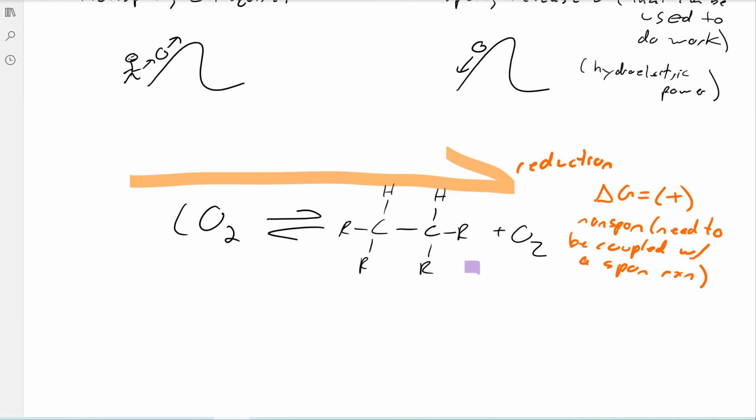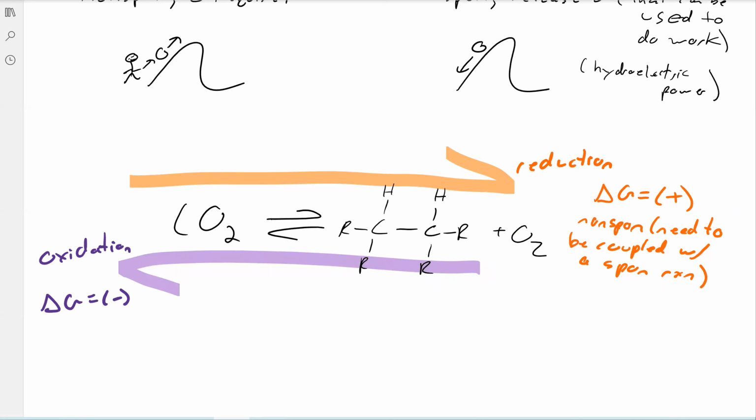And then, of course, we can have the opposite going from right to left. That would be oxidation. Here, the delta G is negative, which means that this is a spontaneous process.